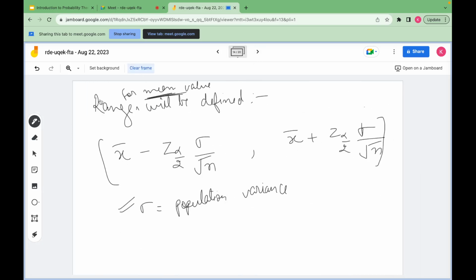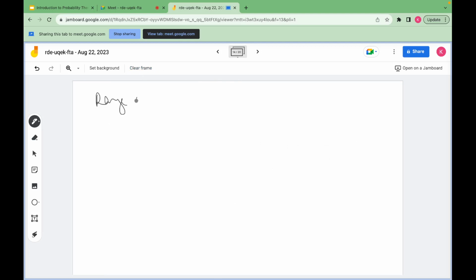Now we need to find the range for variance.